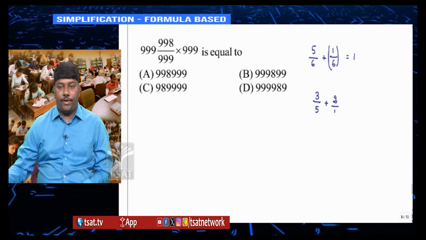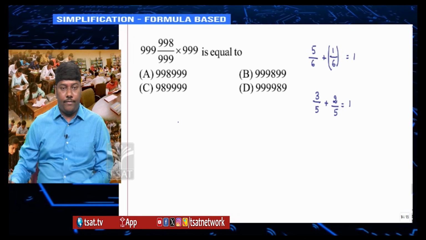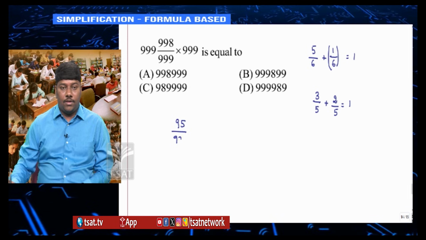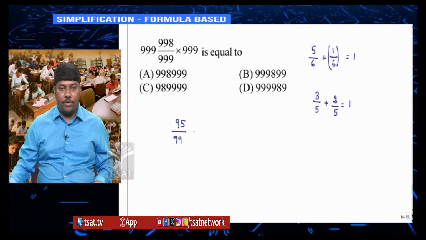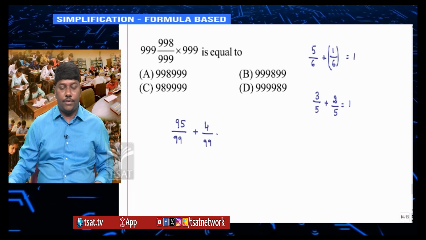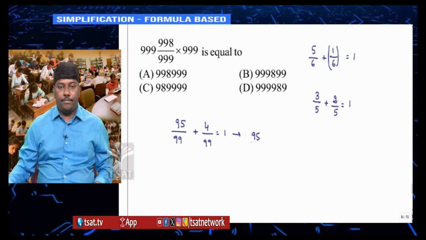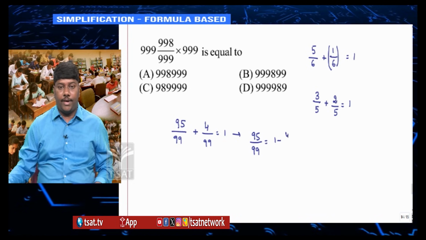That's 2 by 5 I need to add to make it 1. Suppose I have 95 by 99. How much I need to add in order to make it 1? So in order to make it 1, I need to add 4 by 99, which is equals to 1. This I can also write 95 by 99. I can write it as 1 minus 4 by 99.